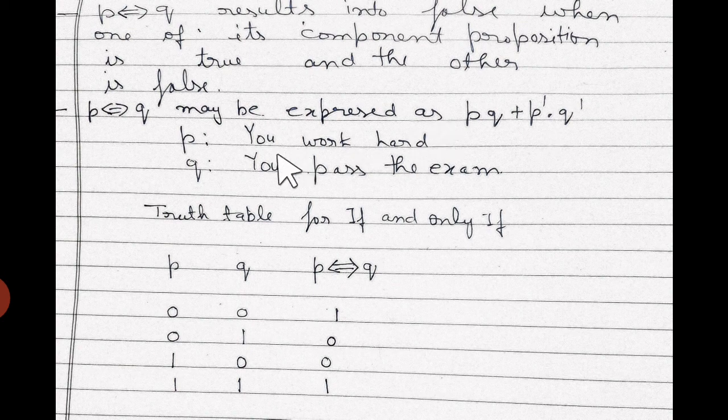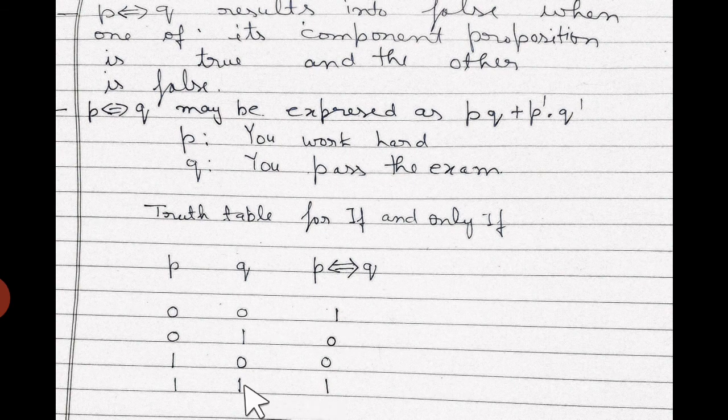Now, here P is a variable representing the proposition "you work hard," and Q represents "you pass the exam." Now we look at the truth table. It has the input combinations 0 0, 0 1, 1 0 and 1 1, as normally in all two-variable truth tables. In the output column for P biconditional Q, you can see the output is 1, 0, 0, 1.